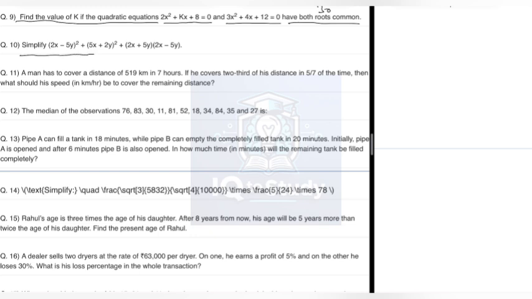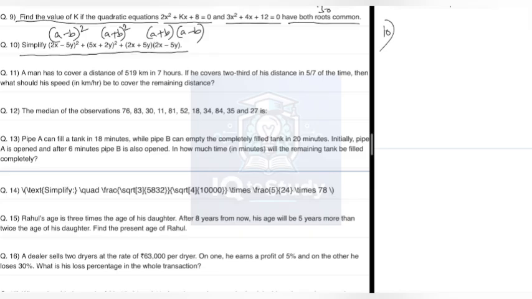Simplify 2x minus 5y whole square plus 5x plus 2y whole square plus 2x plus 5y into 2x minus 5y. This is in the form of a minus b whole square, and this one in the form of a plus b whole square, and this one in the form of a plus b into a minus b. Let's simplify this.